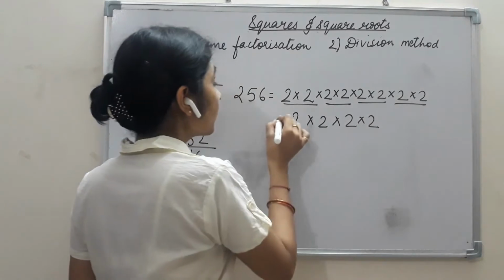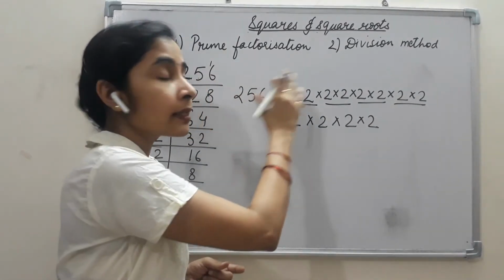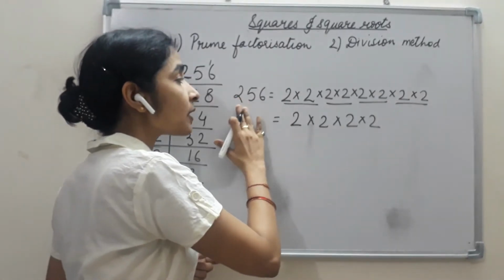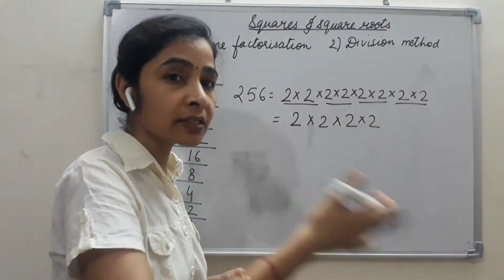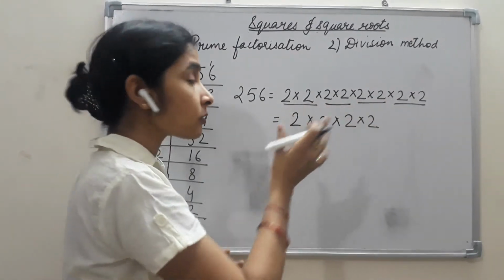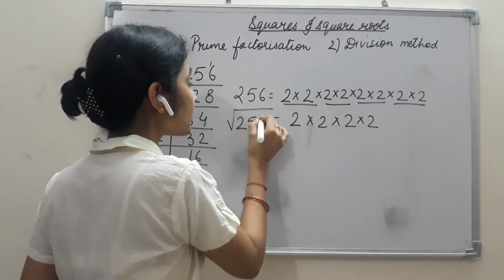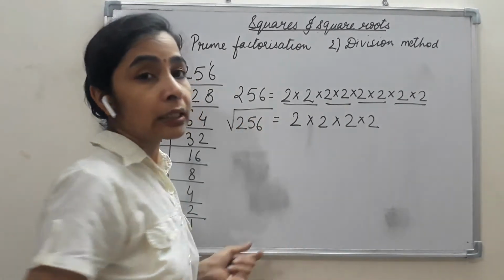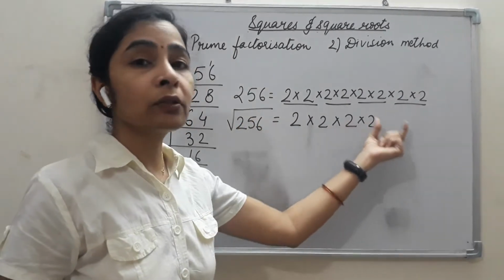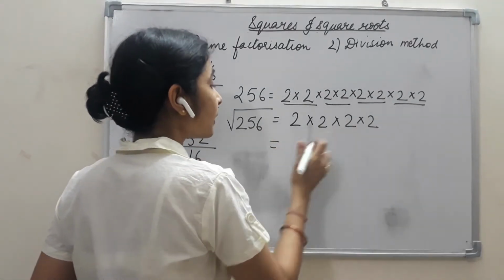We have written 256 in the product form, that is, in the form of prime factors. Now we have taken 1 in place of two 2s, so the square root of 256 is equal to 2 into 2 into 2 into 2. 2 twos are 4, 4 twos are 8, 8 twos are 16.